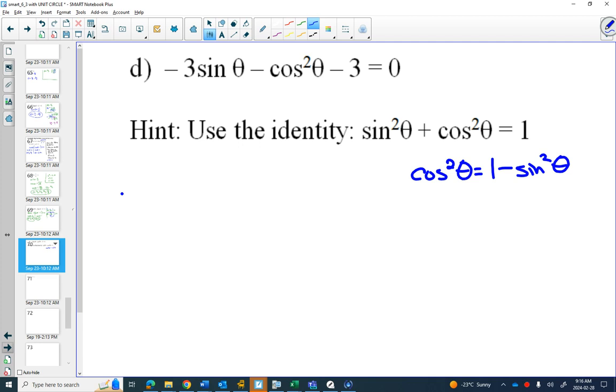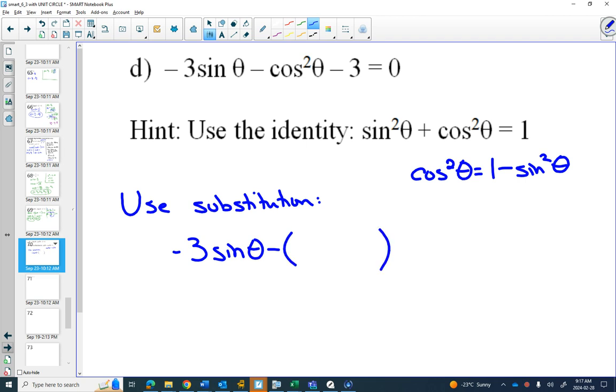And then I can use substitution. So I can rewrite my question, which is negative 3 sine theta minus, and instead of cos squared theta, I can substitute in 1 minus sine squared theta.